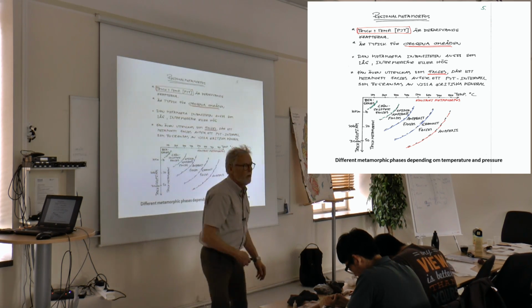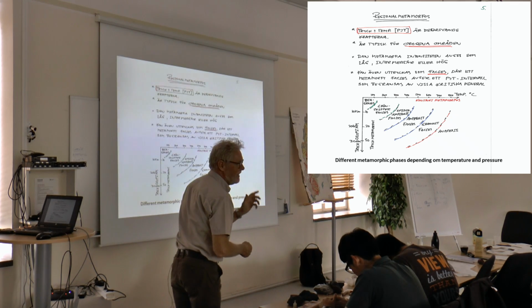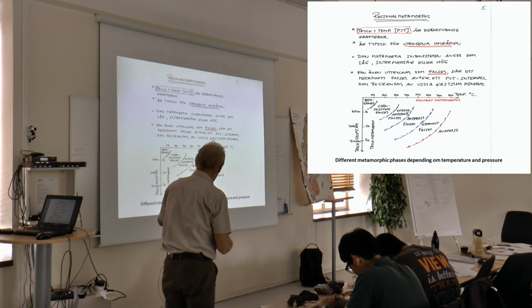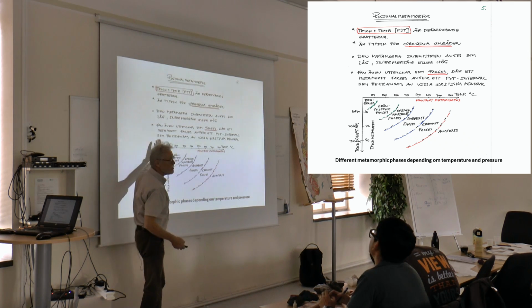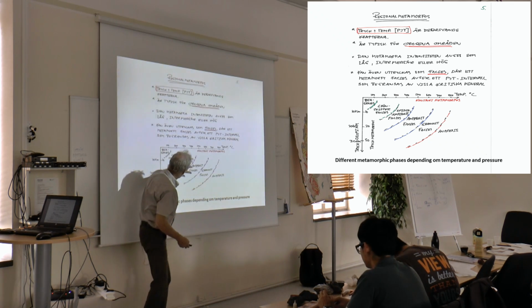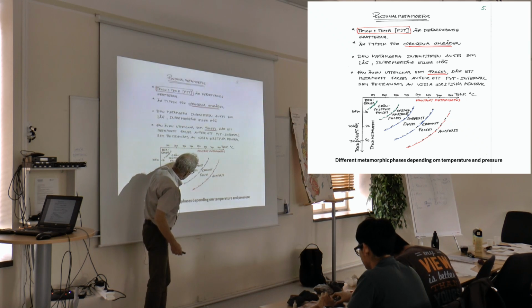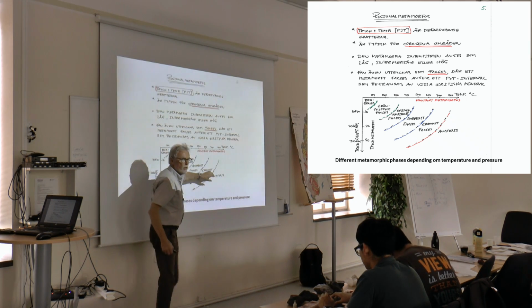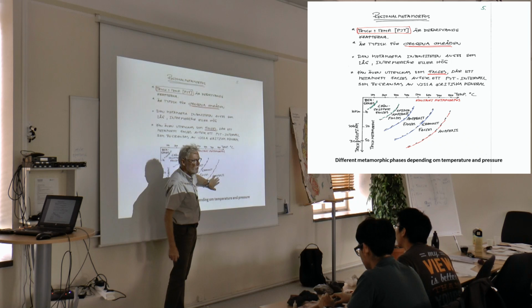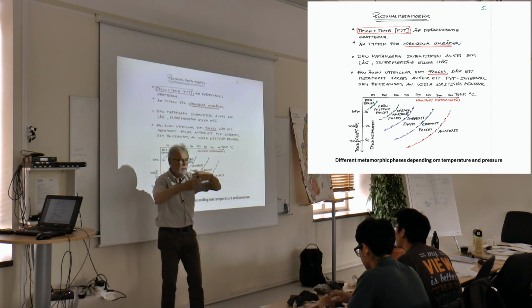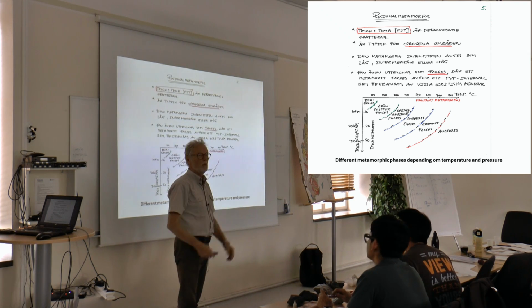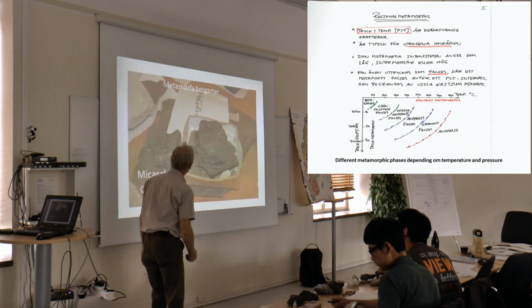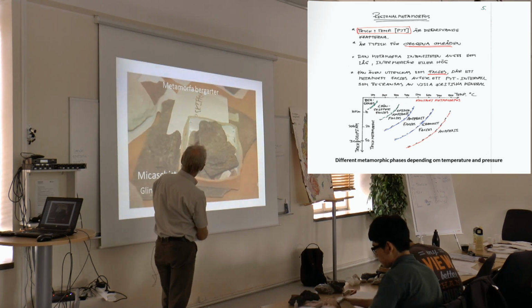This is just for geologists, so you don't have to recognize this one. But it's just to see the connection between pressure and temperature. And we go like this, and there we are going to melt into a new magma. Okay.